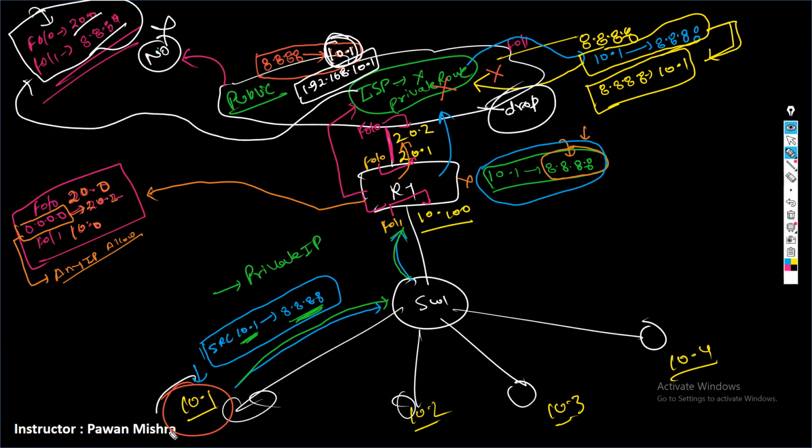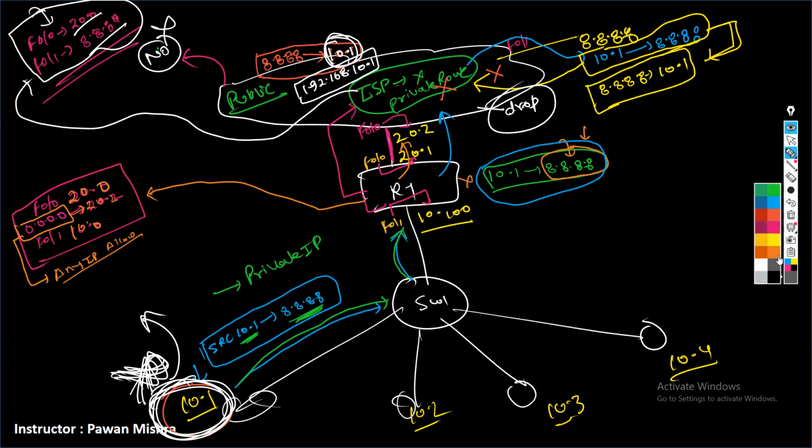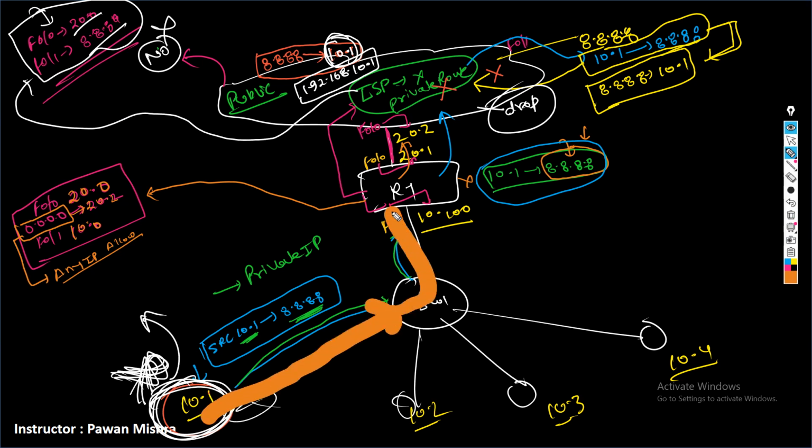It means this PC is not able to communicate or not able to use the internet. Why? Okay, I'm going to explain why. What happened is, when this PC forwards this packet towards google.com, this packet reaches the switch, the switch forwards it to the R1 router, R1 forwards it to the ISP, and the ISP also forwards it to 8.8.8.8.